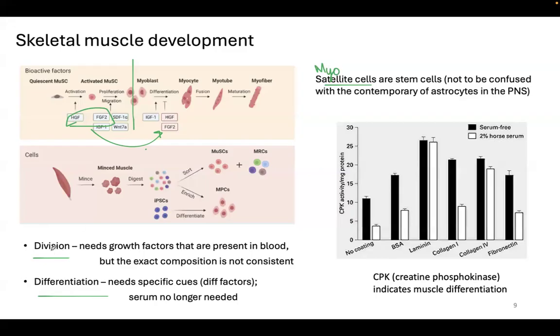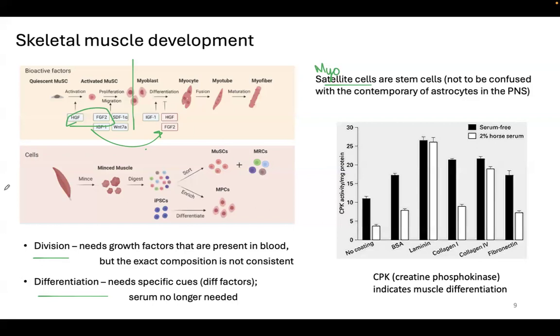So we assume that blood from different animals, not necessarily human, contains these factors. In blood, if you remove the cells, then what remains is called the serum. You might have heard about fetal bovine serum, horse serum, something like that.